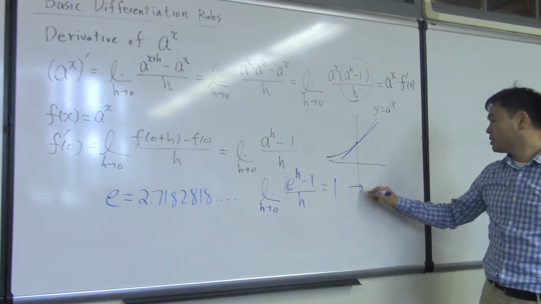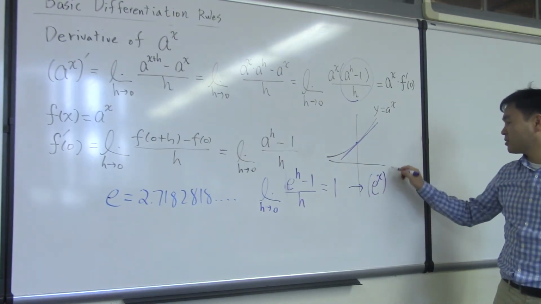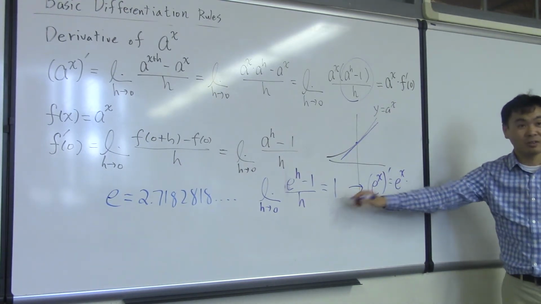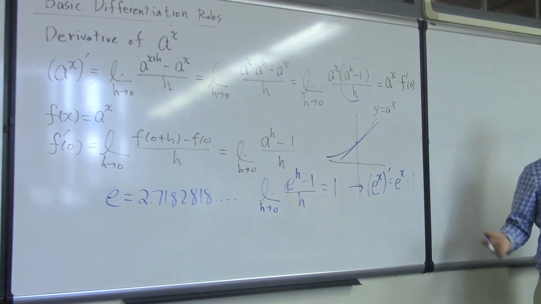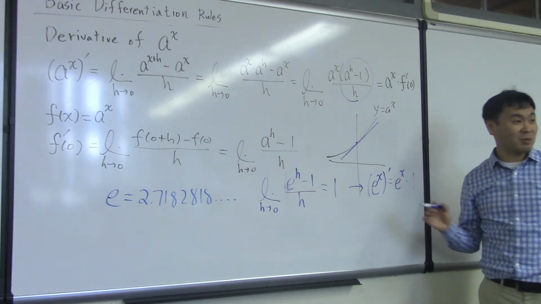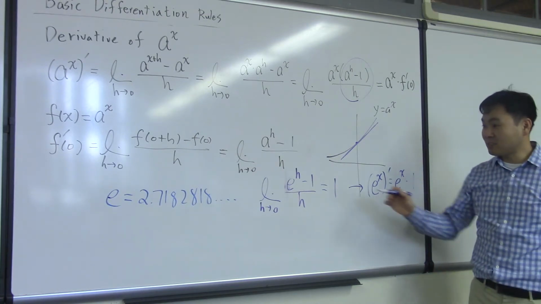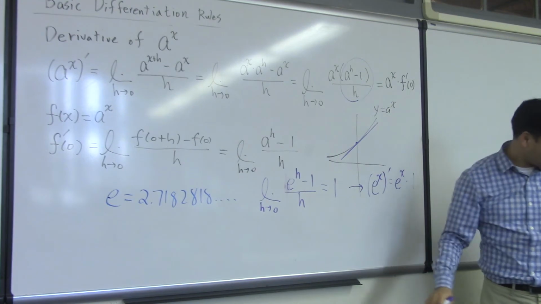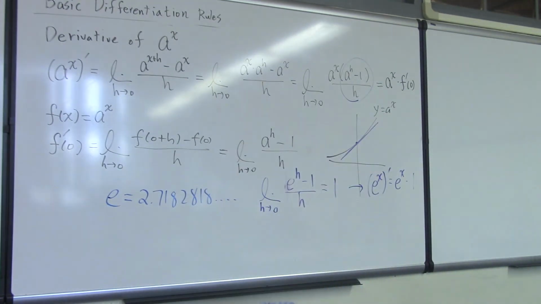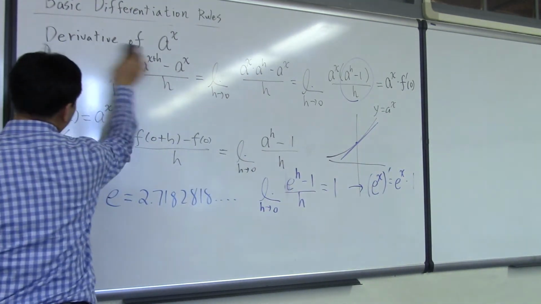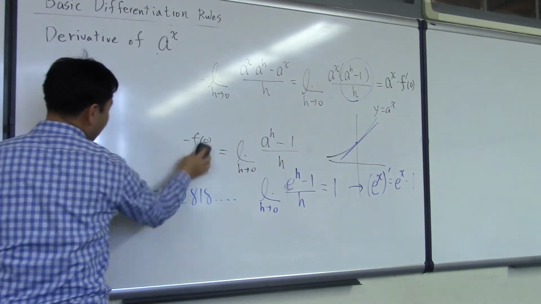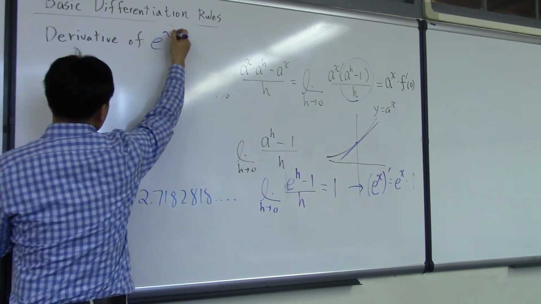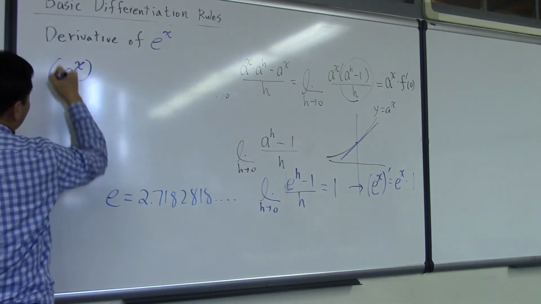So that if you differentiate e to the x, it's just e to the x times this thing, which is 1. So what happens? The derivative of e to the x is the same as e to the x. That is what we call the natural number e. Okay. So the important formula that we obtained after this discussion is the derivative of e to the x: e to the x prime is e to the x.